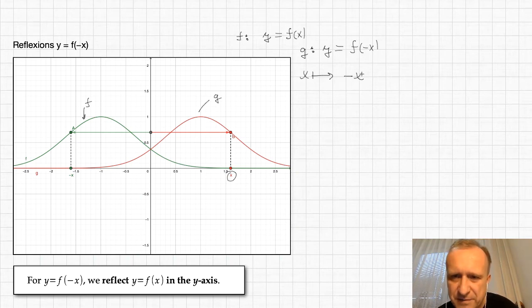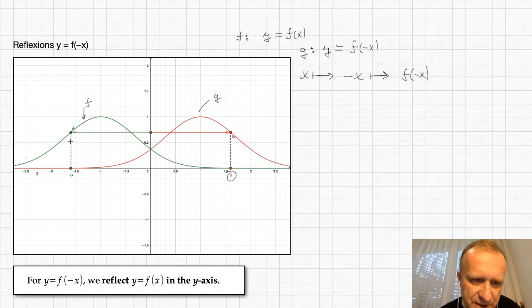Now, having the minus x value, what we need to do then is to calculate f of minus x. So f of minus x is actually here, and thus this point A on the graph of the green function has the coordinates minus x and f of minus x. Okay, so these are the coordinates of the point A on the graph of the green function.